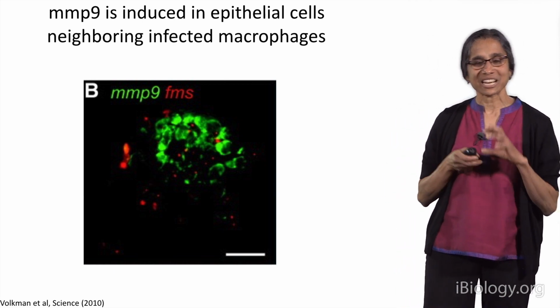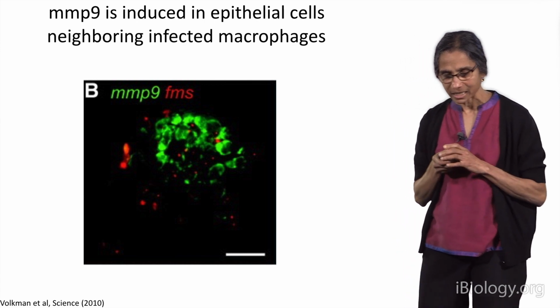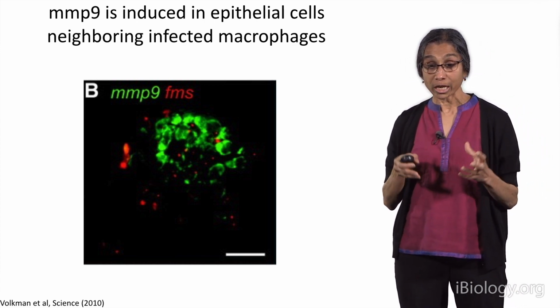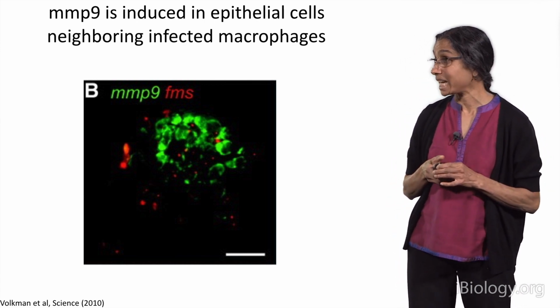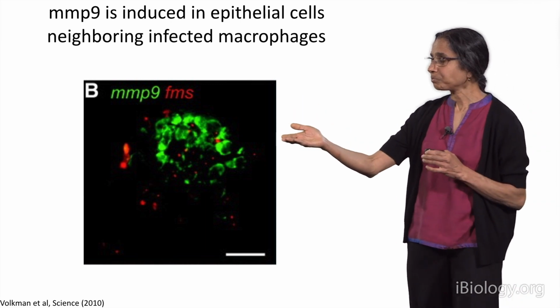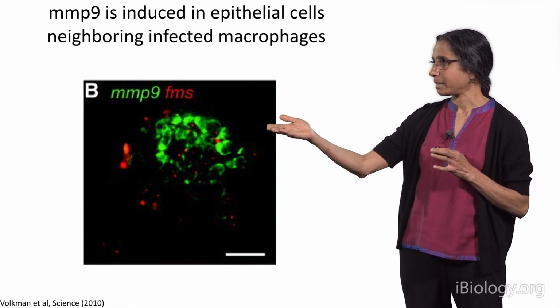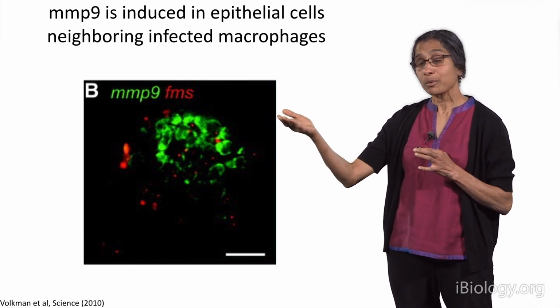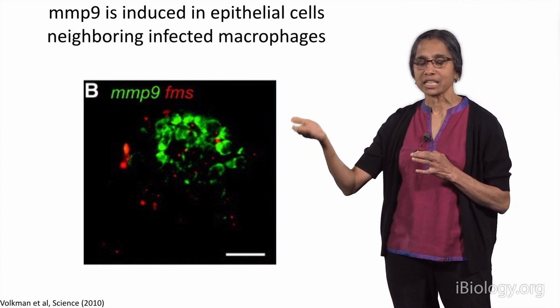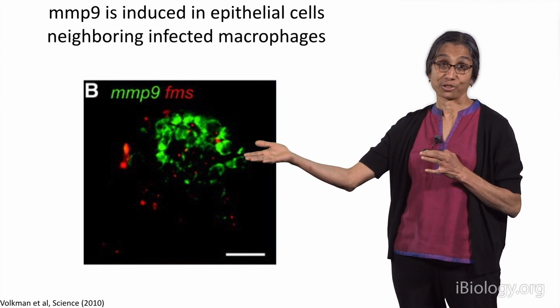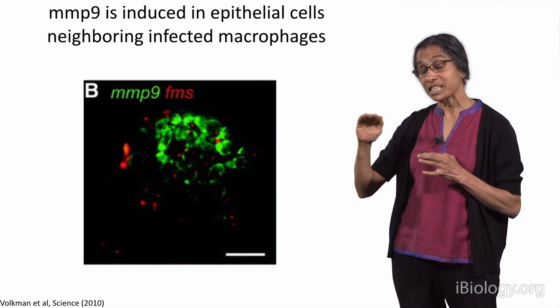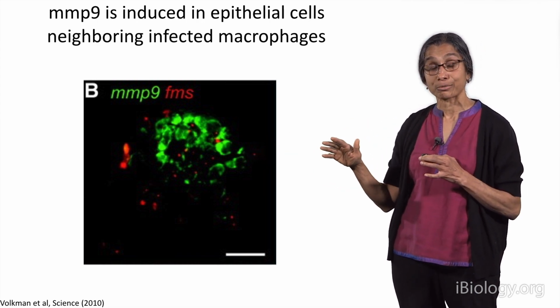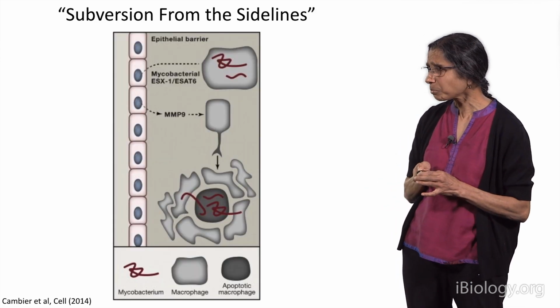But when we did in situ analyses to look at where the MMP9 was being made, here is a granuloma, and the MMP9 is labeled green and the macrophages are labeled red. And what you can see is that the MMP9 is not in the macrophages of the granuloma, but rather it's in the epithelial cells surrounding the granuloma.